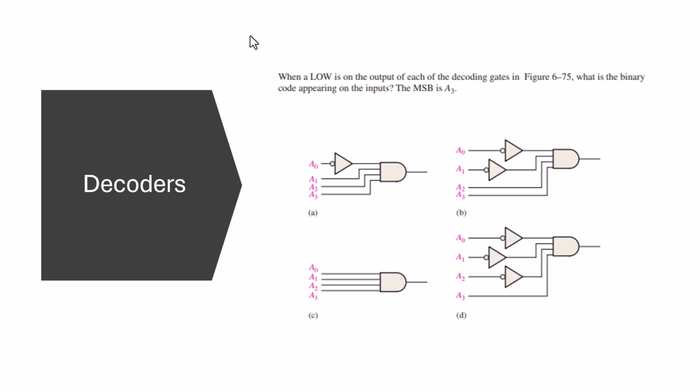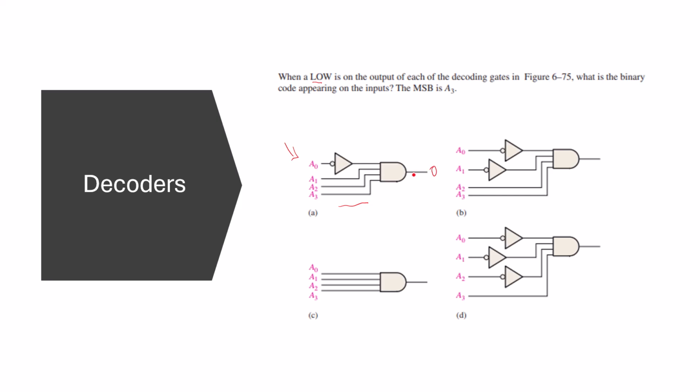Their job is to detect some messages, some input. So we are looking at what, as a decoder, this circuit will indicate: what is the situation on the input. So this is the input. So the question here is talking about the low. All right, when the output, this is the output, when it is low, meaning when it is 0.